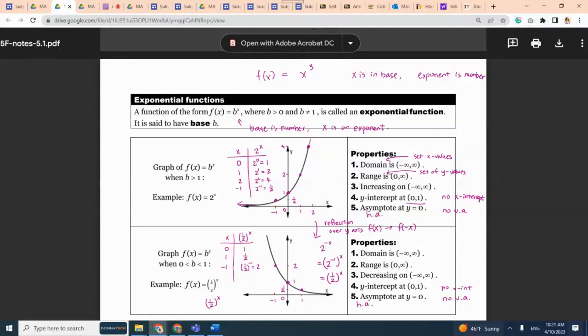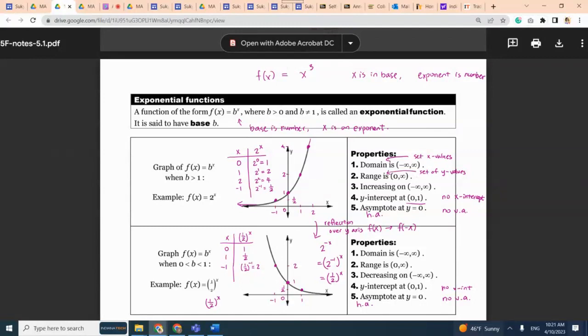Okay, so therefore, in order to have the square roots make sense, and we're working with real numbers, we must force the base to be greater than 0 to avoid such case. Okay, everybody? And so b has to be bigger than 0.